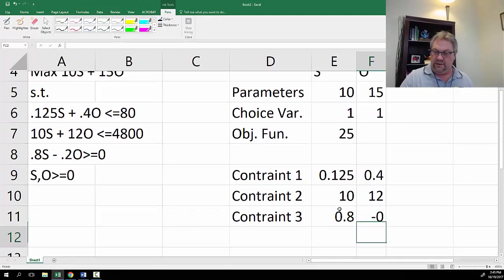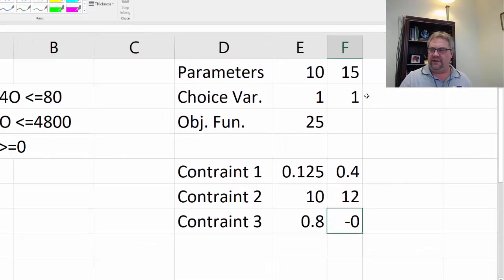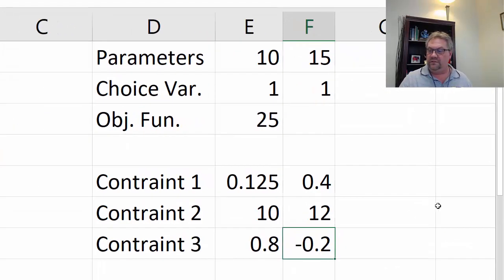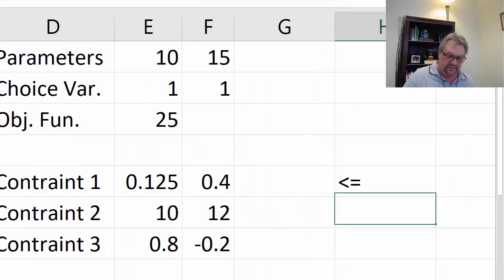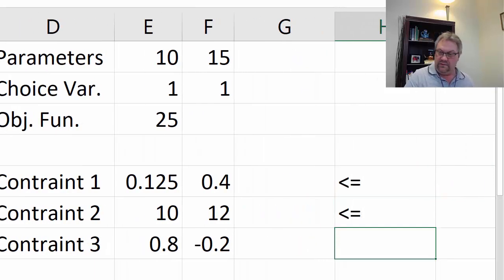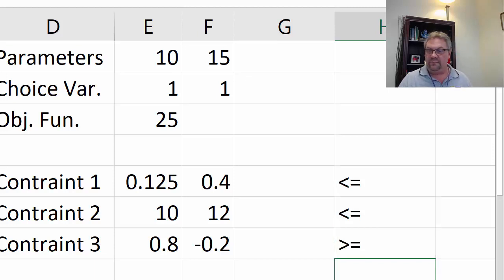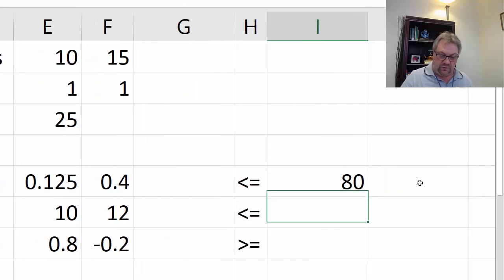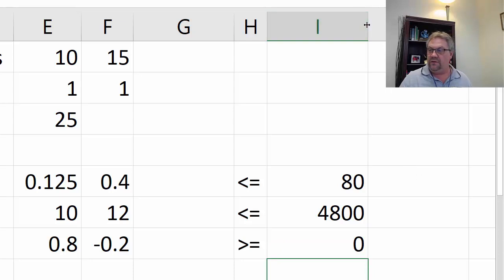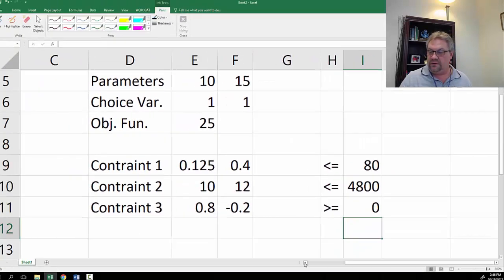Then less than or equal to, less than or equal to, greater than or equal to. Let me make this smaller. Then 80, 4,800, and 0.